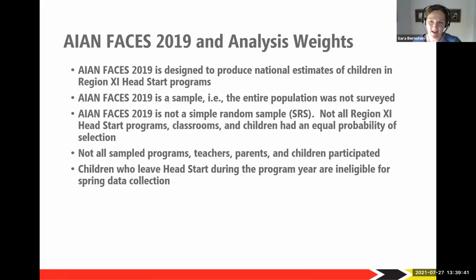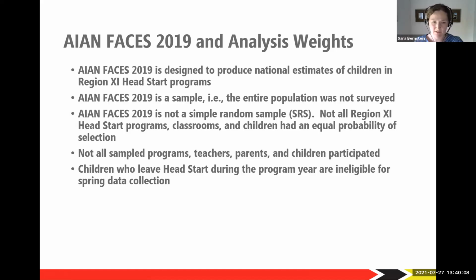And importantly, it's also not a simple random sample of Region 11 Head Start programs, classrooms, or children. There's a complex design that includes multiple levels of sampling and stratification to reduce cost and also to ensure that the samples are representative of the population from which they were drawn. So programs, classrooms, and children did not have an equal probability of selection. Then, not all programs, staff, parents, and children who were sampled or asked to complete a study instrument did so.